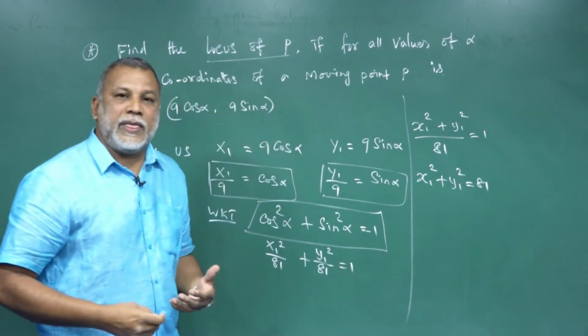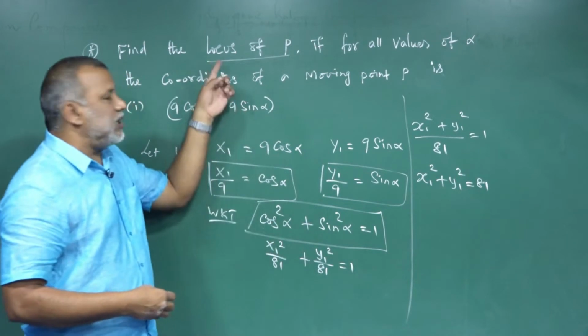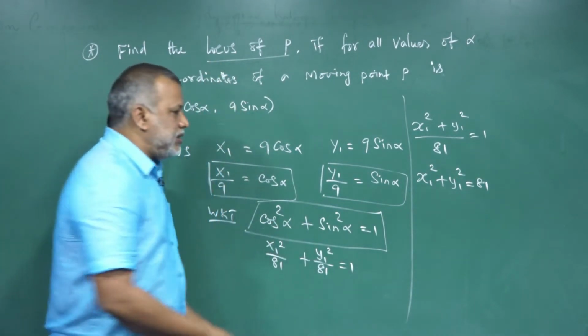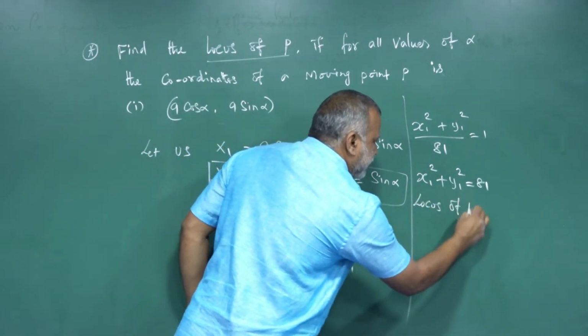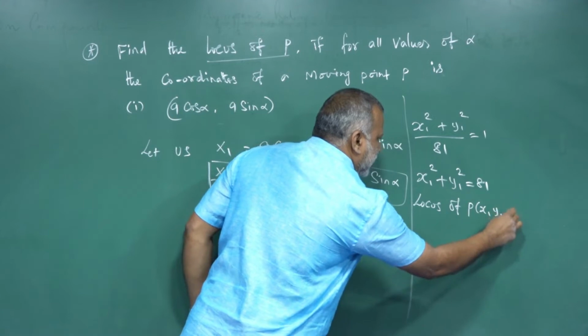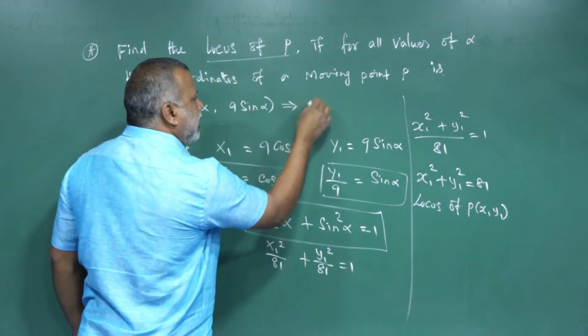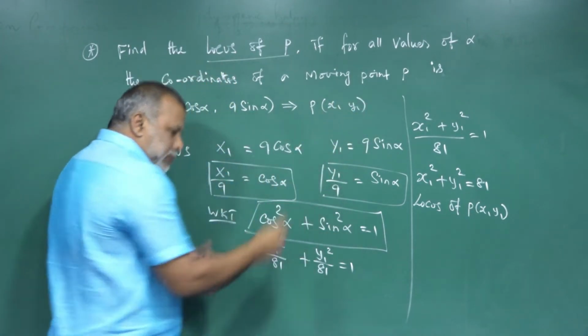Initially I explained that x1 comma y1 is a fixed point. If I want to find the locus, locus is nothing but the path traced by a moving point. Therefore, the point 9 cos alpha, 9 sin alpha is considered to be P of x1 comma y1, and now this point is going to move.